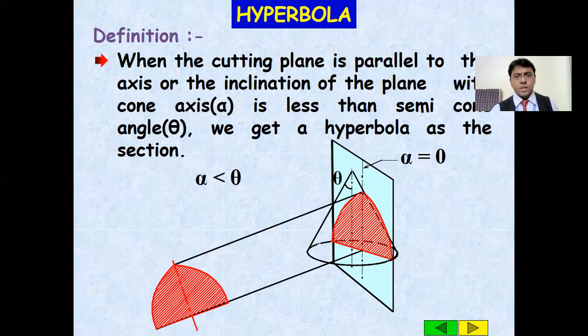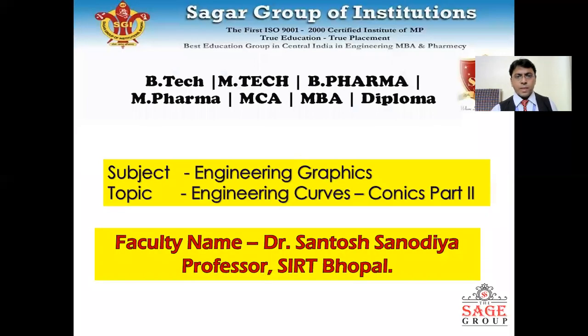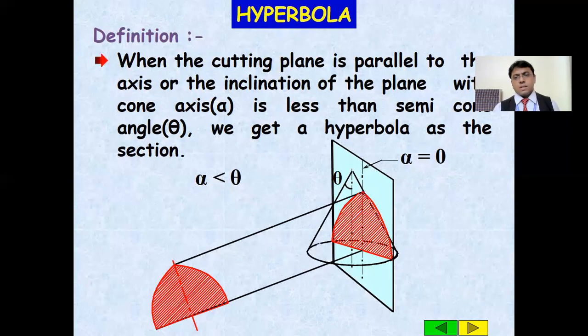Here this is a hyperbola. This is when the alpha angle is less than theta, which gives us the cut surface as a hyperbola. So with this, all you students can easily understand the basic scope and importance of engineering curves for product outcomes.